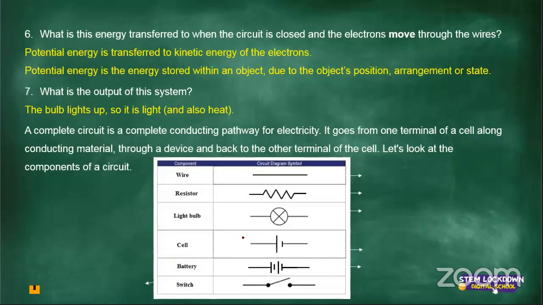Now, basically, we refer to batteries, but the correct terminology is a cell. So we refer to it as battery, but the correct terminology is a cell. So a battery is actually a combination of many cells. Okay. Thank you, ma'am.